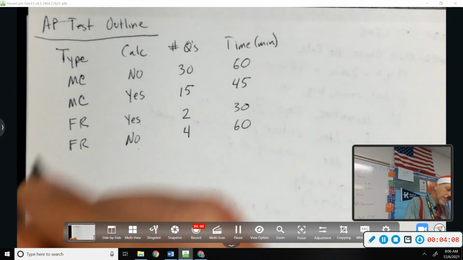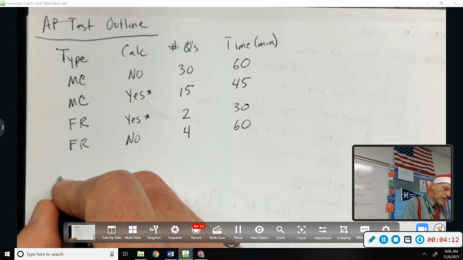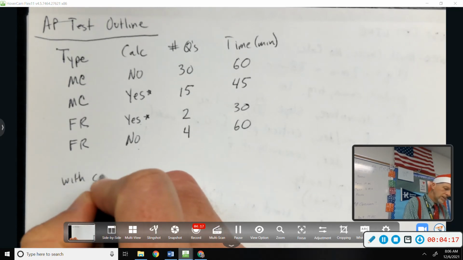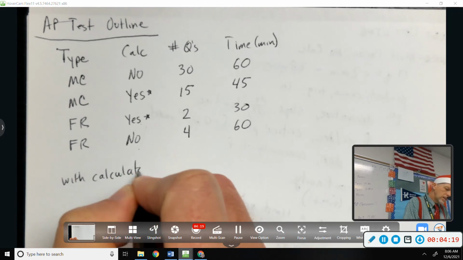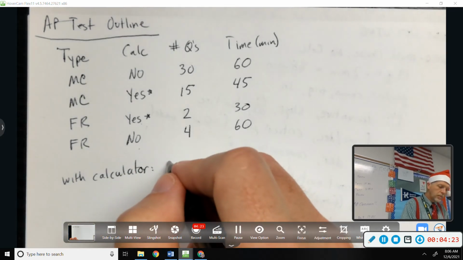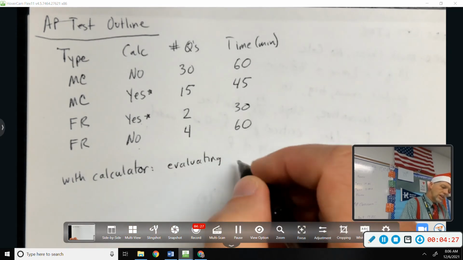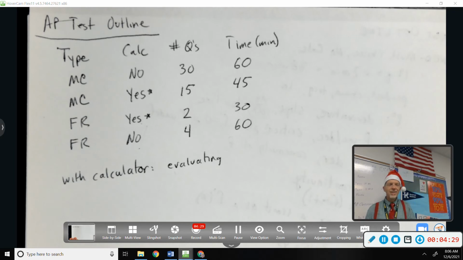Oh, the with calculator part. Things you have to know with the calculator. A lot of it is, obviously, evaluating weird stuff like sine squared of 4x. You don't want to type that in by hand, and your answer is going to be 1.732.